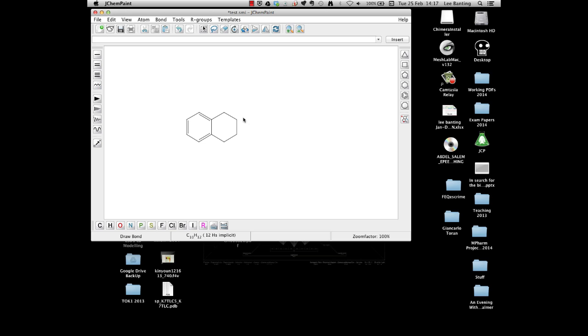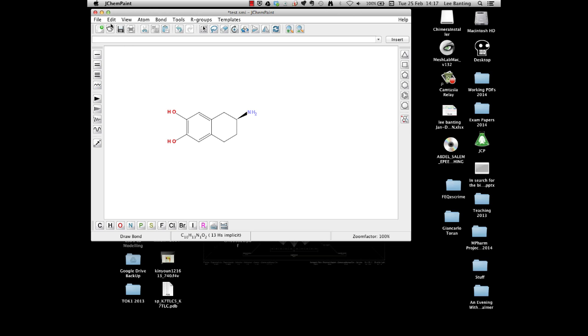I just so happen to know that this is a dopamine active compound. So this is active at one of the dopamine receptors. I can be very specific about the stereochemistry.